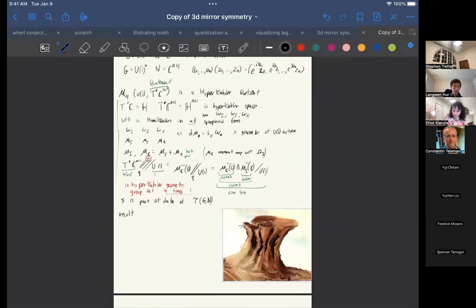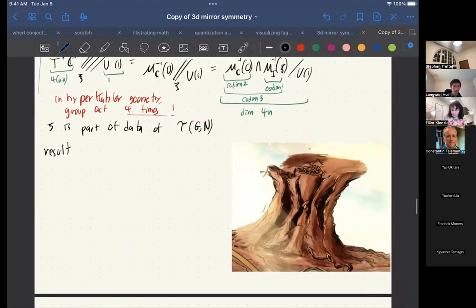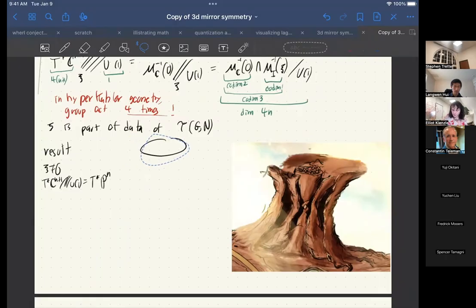So the result is that when c is not equal to 0, we get the cotangent bundle of Pn. And to draw this picture, it looks kind of like a hyperboloid, maybe, with some central Pn factor.